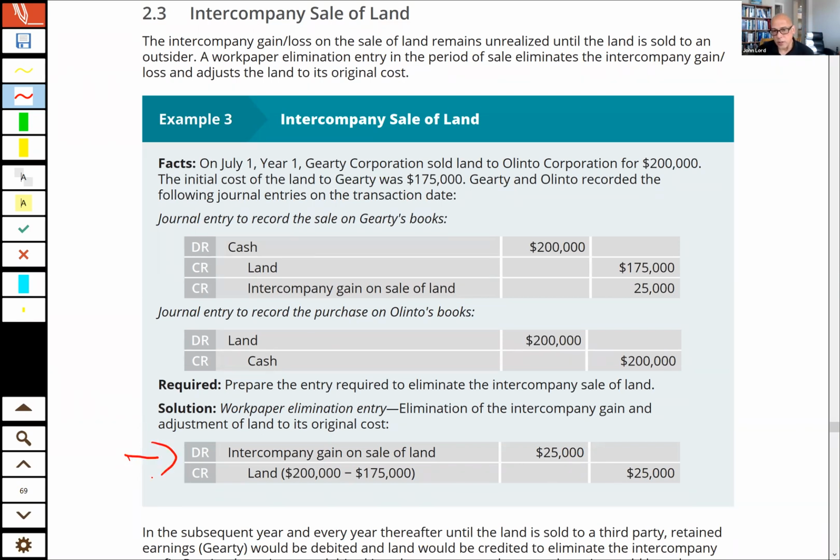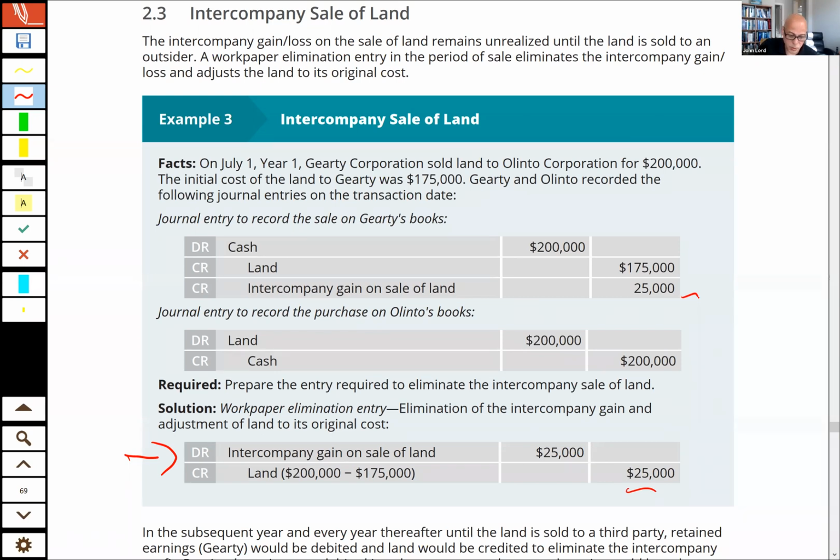And when you do that, you eliminate the gain from what you had perceived as the sale. You credit the land at 25,000. So now the land is as though that transaction never happened. The land is at 175 and you've eliminated the gain. And that should be the case because again, you can't sell things to yourself at a profit.